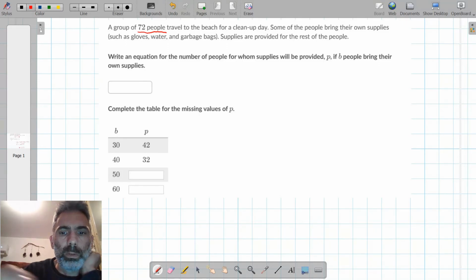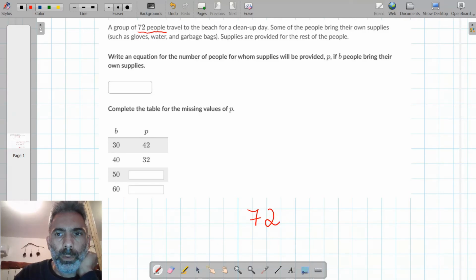So we have a total number of people, which is 72. Out of this total number, B people have already brought supplies.